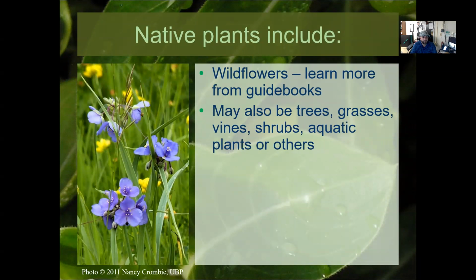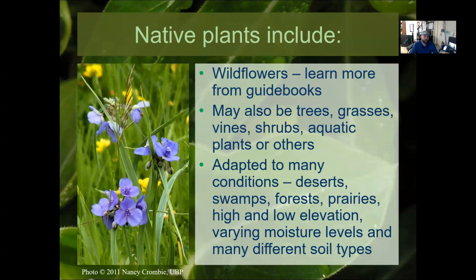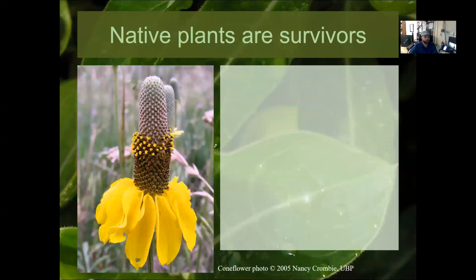May also be trees, grasses, vines, shrubs, aquatic plants, or others, and adapted to many conditions: deserts, swamps, forests, prairies, high and low elevation, varying moisture levels, and many different soil types. So we have a lot of different native plants here in Pennsylvania, so we'll be talking about those in class really specifically.